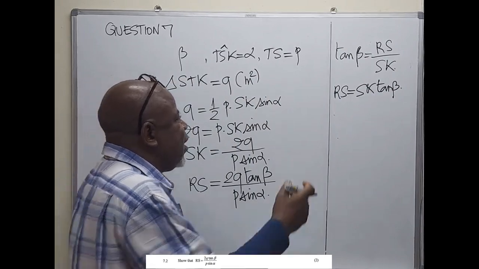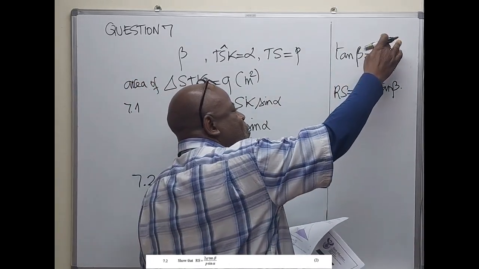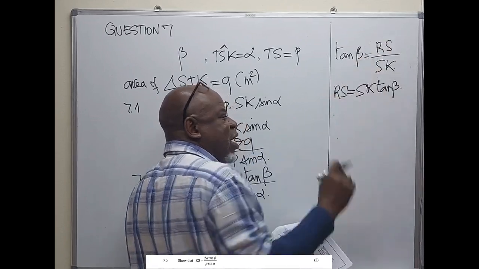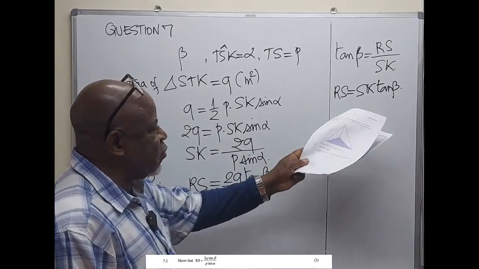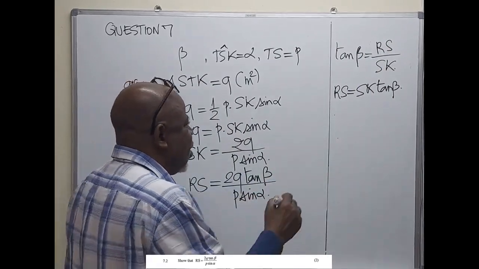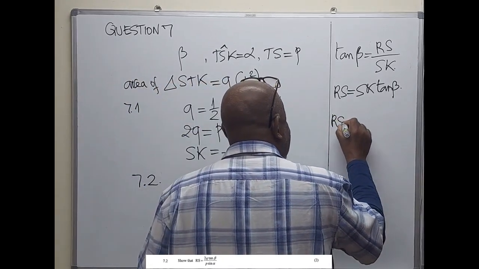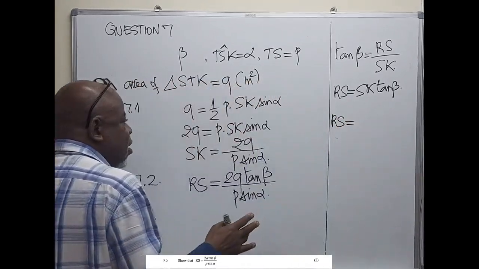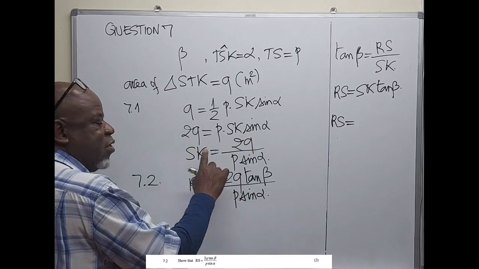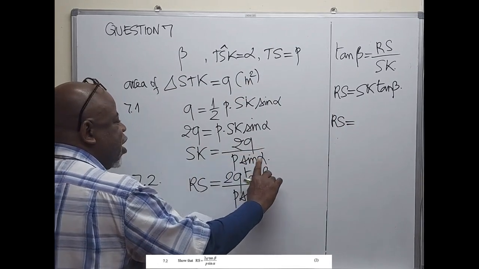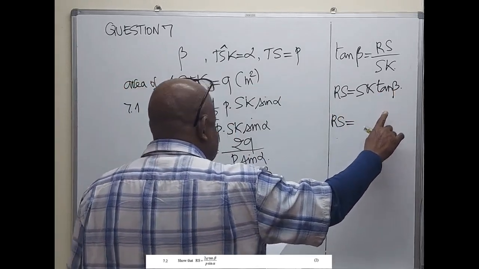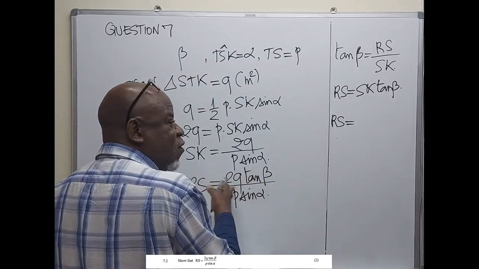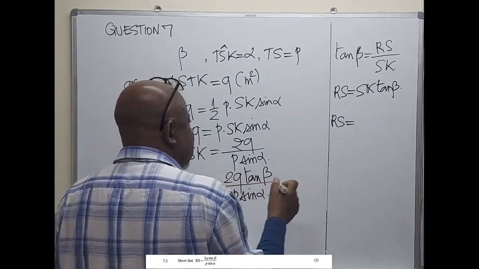Once you know how to get the tangent beta, opposite side over adjacent in a right angle triangle, it's easy now to cross multiply, and then our RS will be equal to SK. We got it already. SK is 2Q over P sine alpha. We're only going to multiply by tangent beta, and then we have the response to this second question.